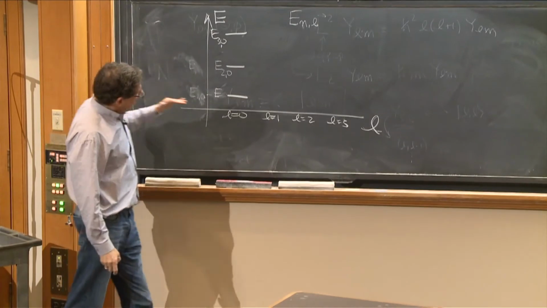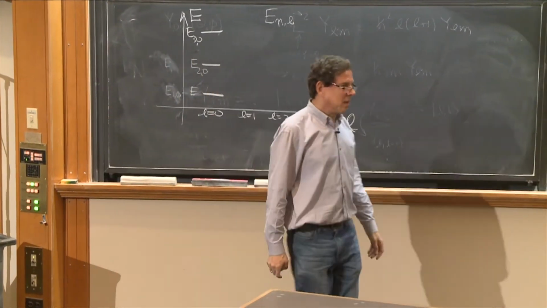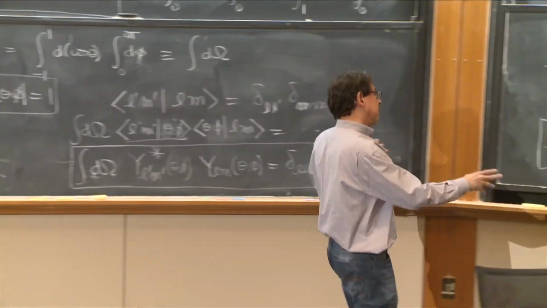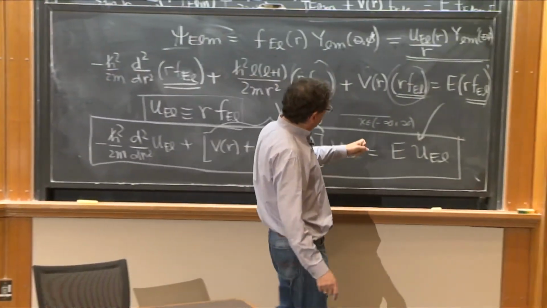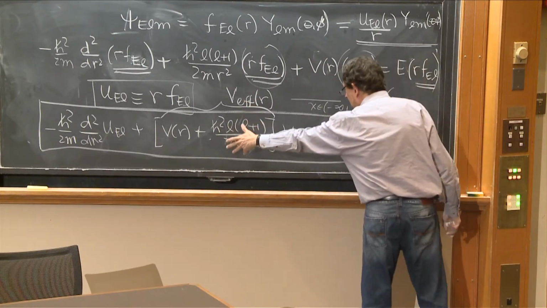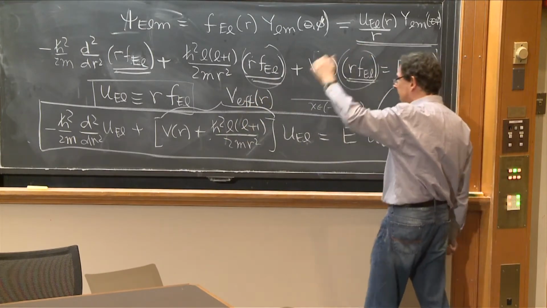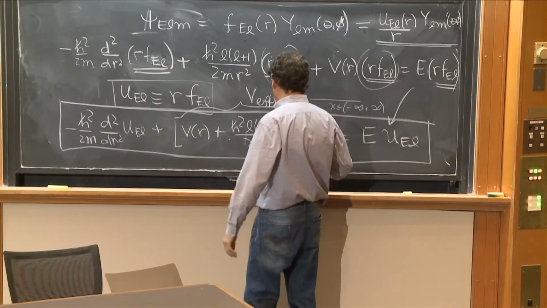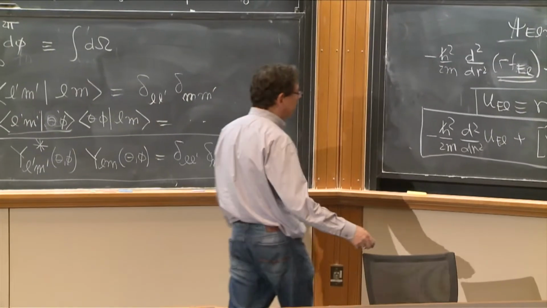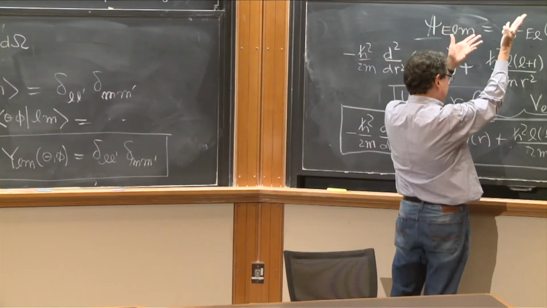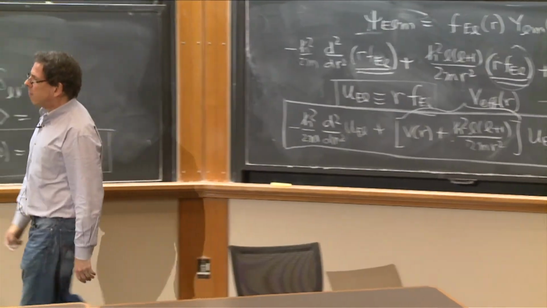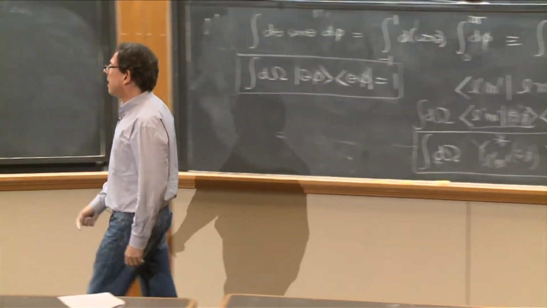Then you come to L equals 1. And you must solve the equation again. And then for L equal 1, there will be the lowest energy, the ground state energy of the L equal 1 potential, and then higher and higher. Since the L equal 1 potential is higher than the L equal 0 potential, the energies should be higher up, at least the first one should be.